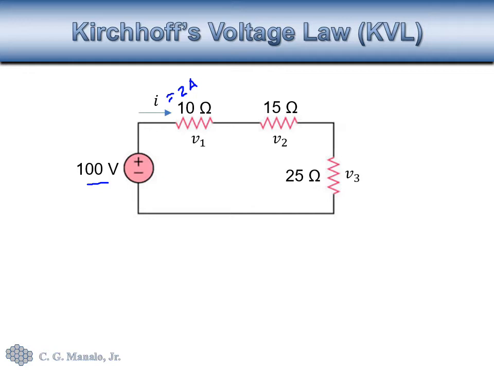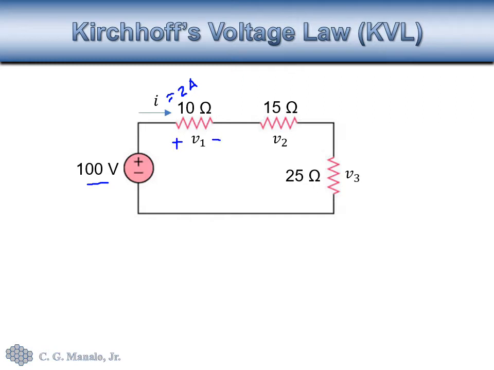In determining the sign, the rule is that the side where the current enters the element, which in this case is the resistor, should be the positive polarity. So in this case, it should be positive here, negative here.